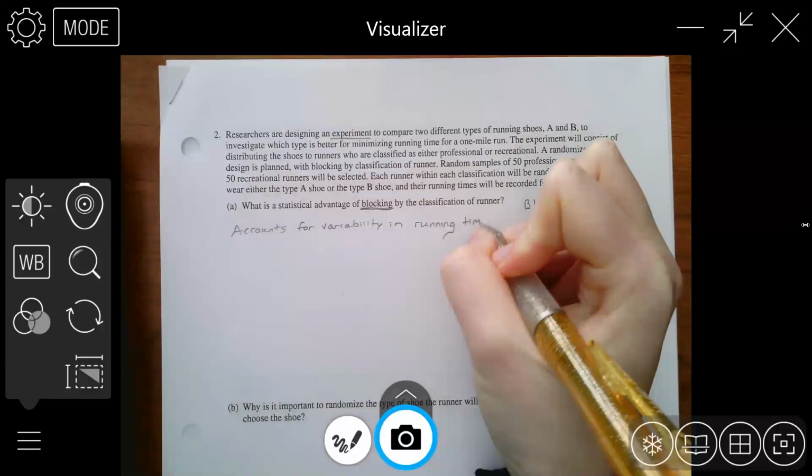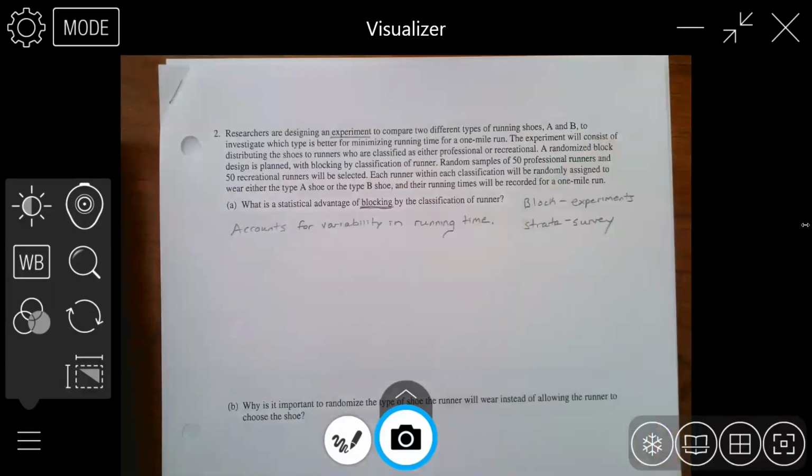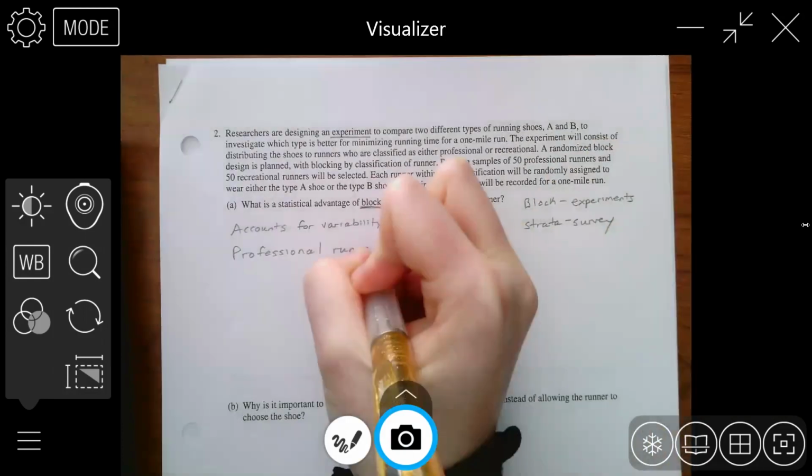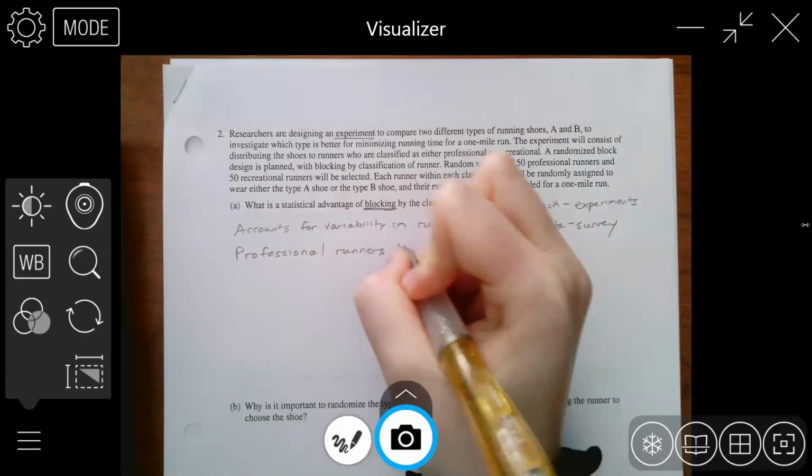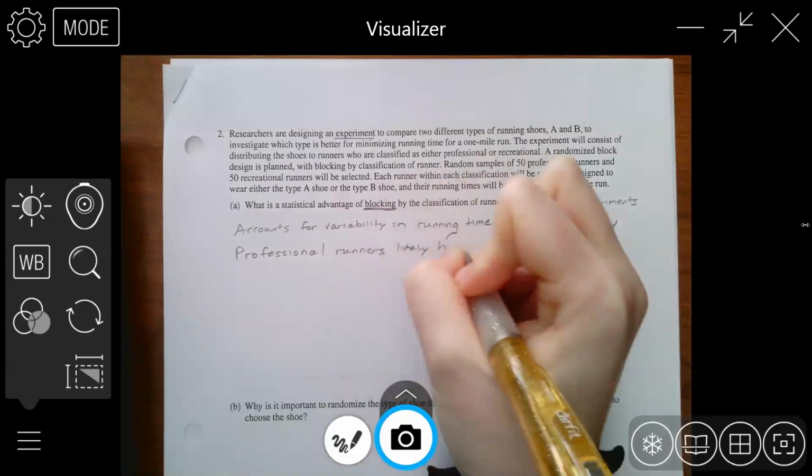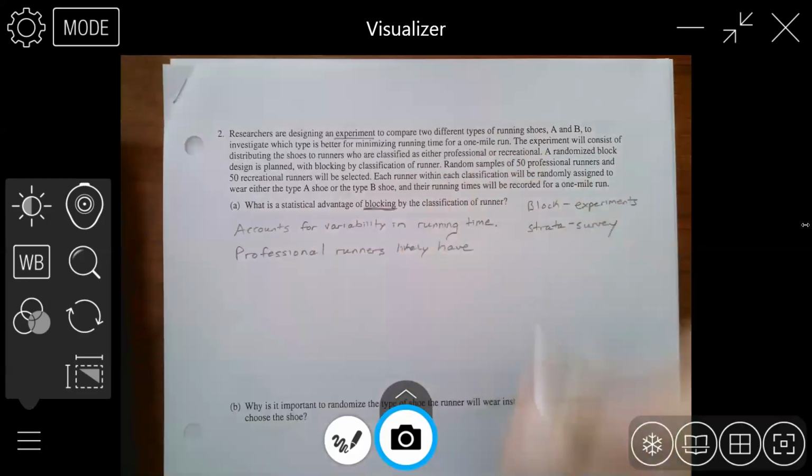Now, what you want to do is always give the context. You want to give a real life example that makes sense, just to show the graders that you understand. So for instance, we could say that the professional runners likely have, now be careful, don't say a higher one, okay?